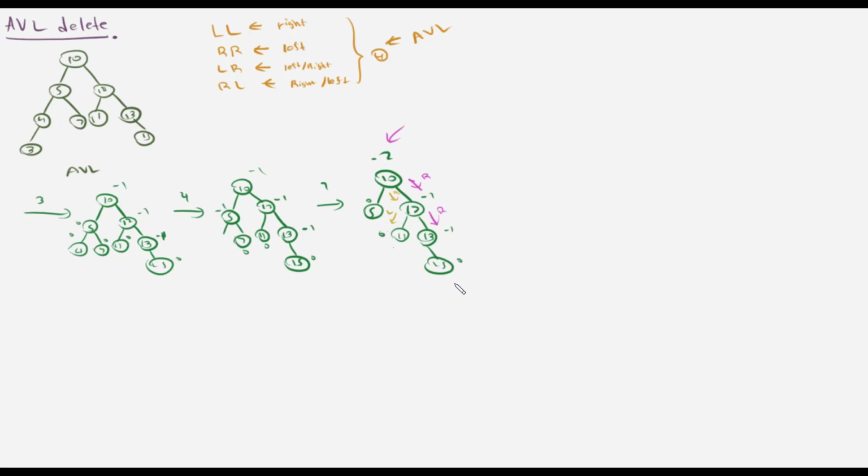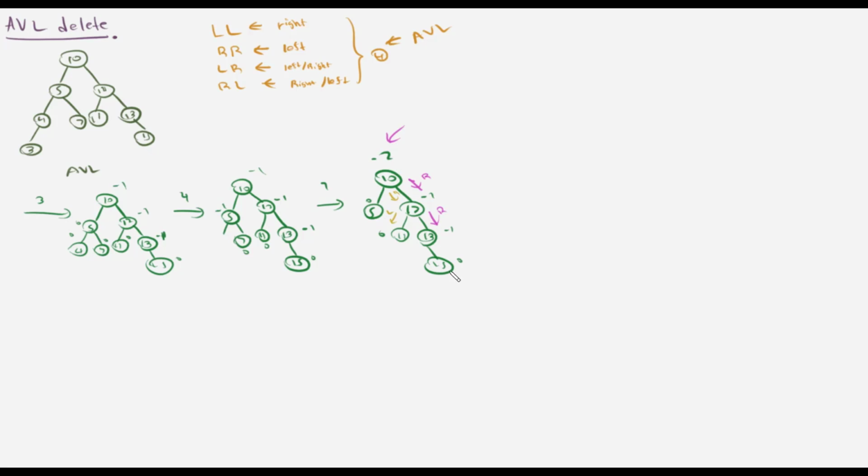But when you see this node, this will make 13's balance factor minus 1, and this node makes 12's balance factor minus 1, and this node is giving some additional height to this specific subtree, so it will make this node have a balance factor of minus 2.